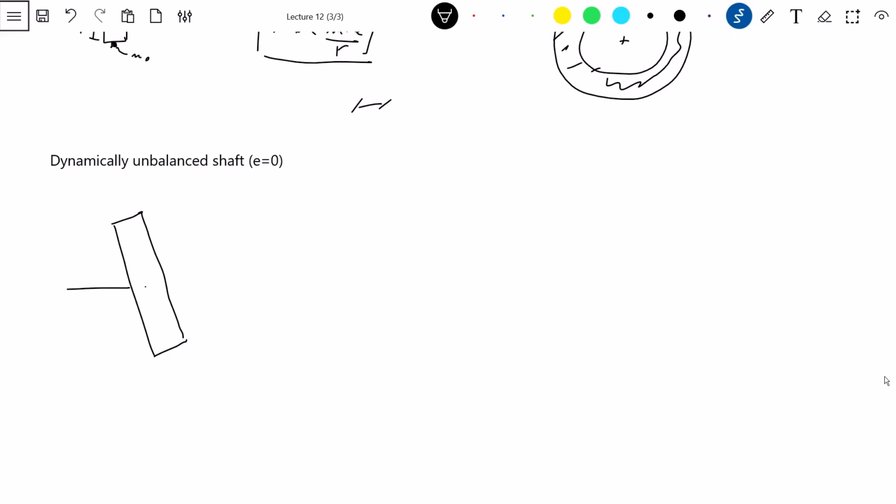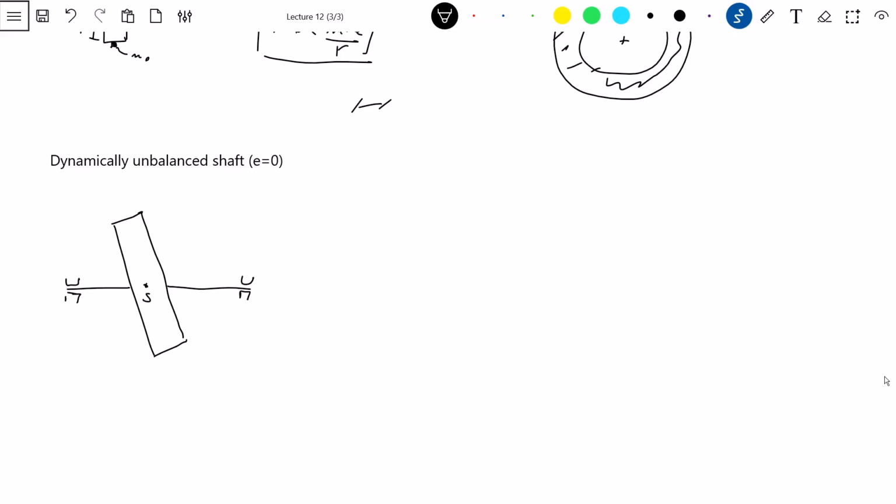This is the axis, and here we have the center of mass. S is here, so you see S is on the axis. We made the assumption that there is no eccentricity.